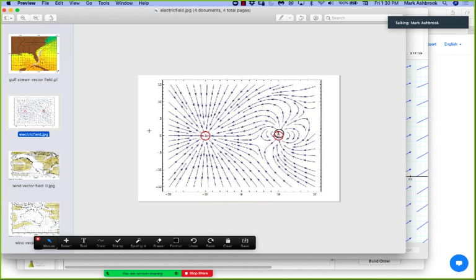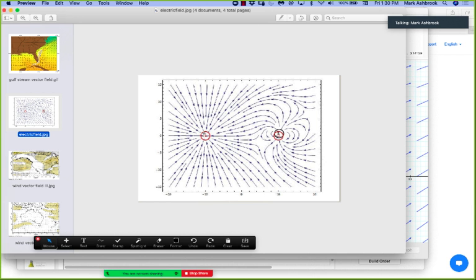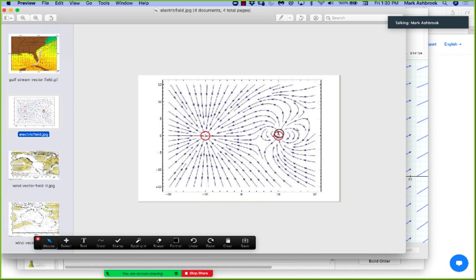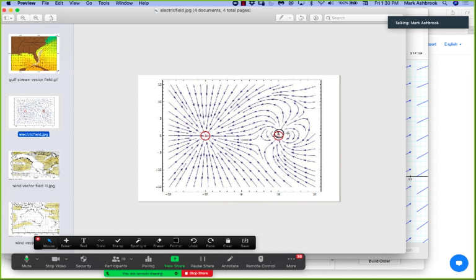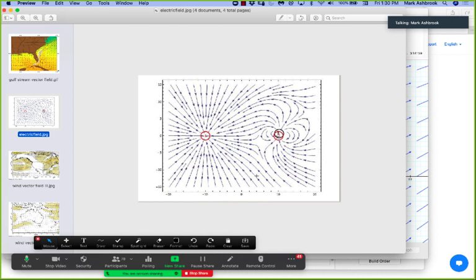Here is actually showing the vectors and the flow lines. Because they're curved, it's really showing the flow lines and not the vectors, since you don't draw vectors curved, right? You draw them straight. So this is showing the flow lines for three point charges, two positive charges in red, one negative charge in black. When they're positioned as they are, you get an electromagnetic field. It's like if you were to drop an electron into this, and it would hit a flow line, it would move along that flow line.